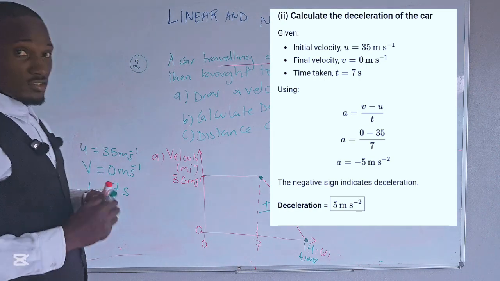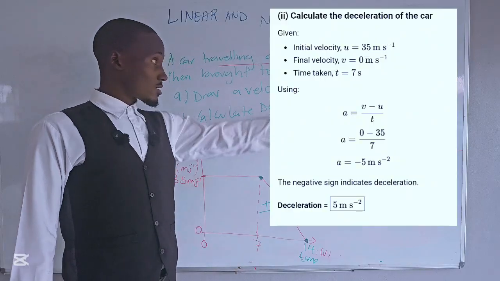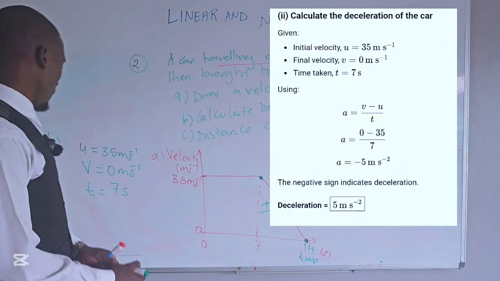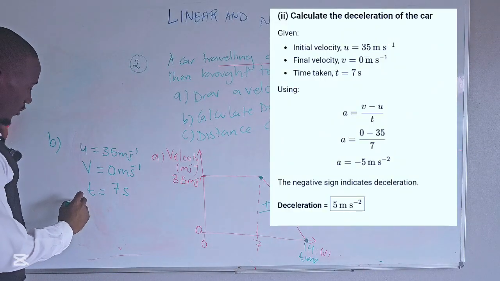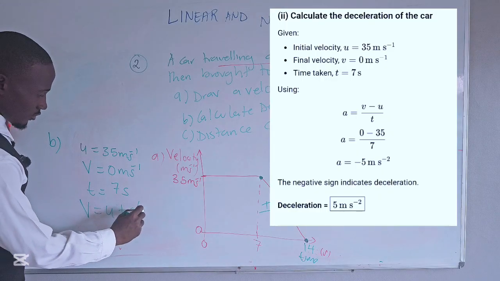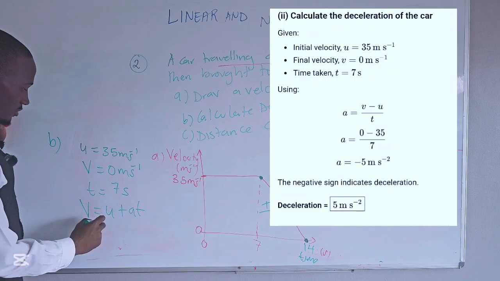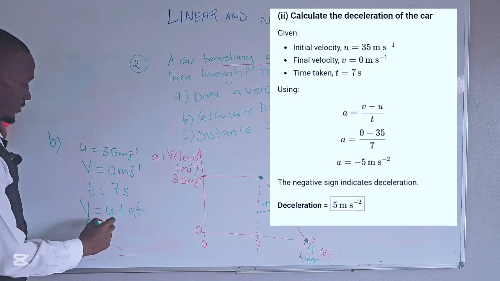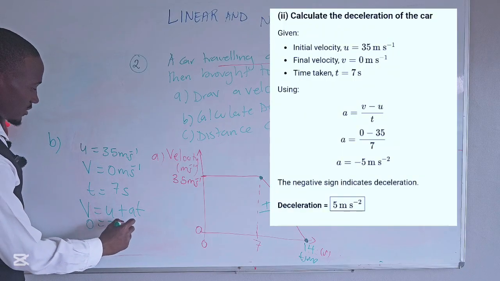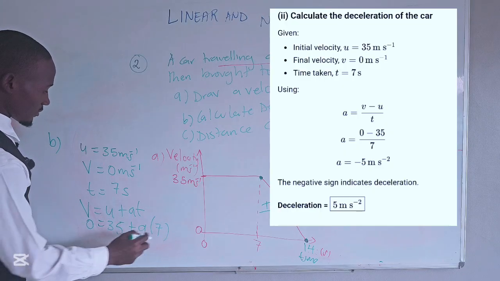Why are we putting 7 seconds? Such that the time difference is the 7 seconds. So the right equation we are using, that is equation 1. I guess by now you know the reason why. This is 0, we are substituting u is 35 plus the acceleration times the 7.